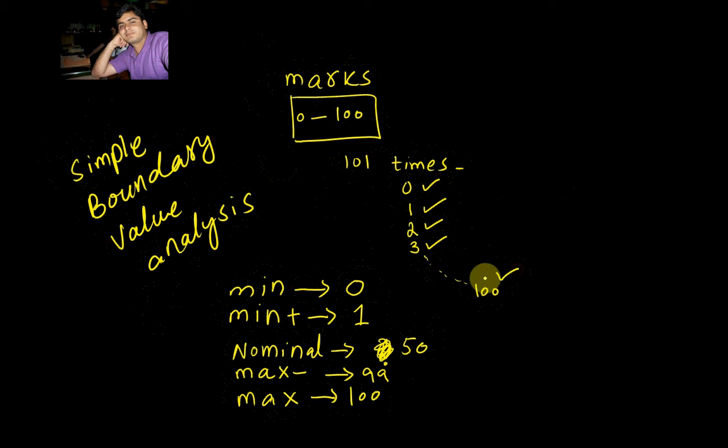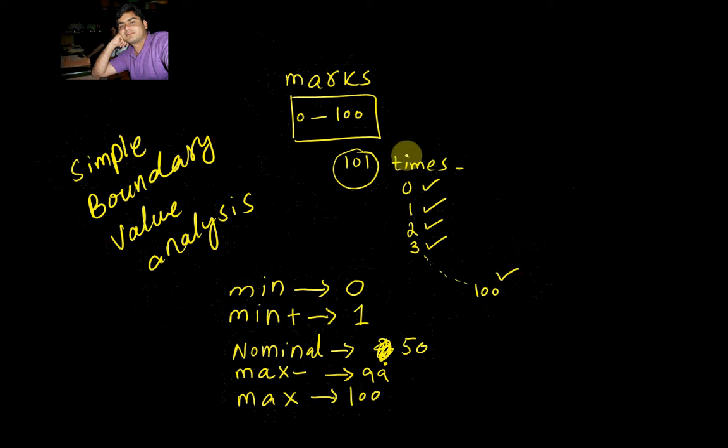But this is a very exhaustive process, that for only one variable we need to define 101 test cases. It is not good. We do not have so much time to test one variable 101 times. So for this problem we create the theory of simple boundary value analysis, which says that there is no need to test all the values of a variable.